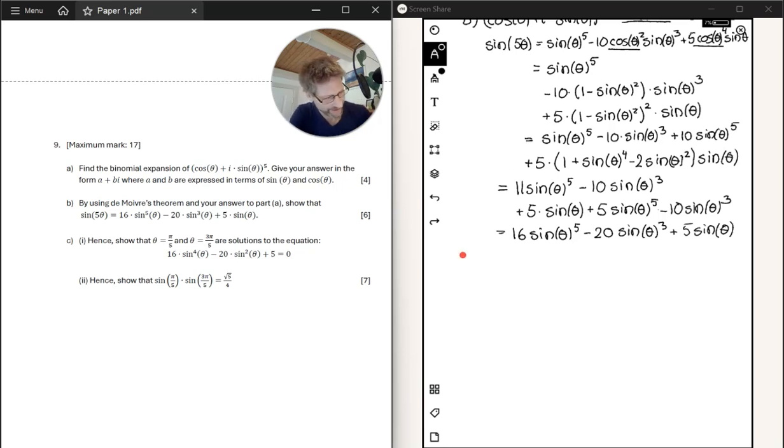Now for CI, they say hence, so we probably have to use the fact that sine of 5 theta is equal to this long stuff we just got. But now we have to show that theta equals pi over 5 and 3 pi over 5. They are solutions to the following equation.